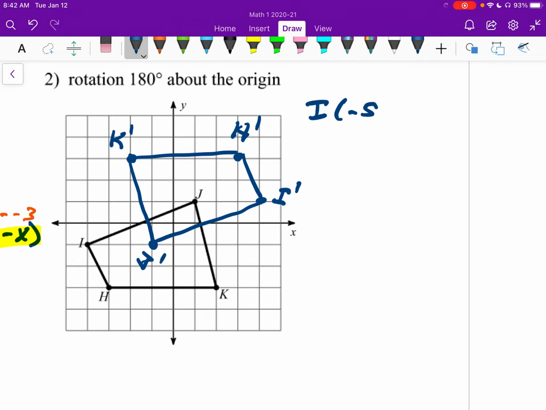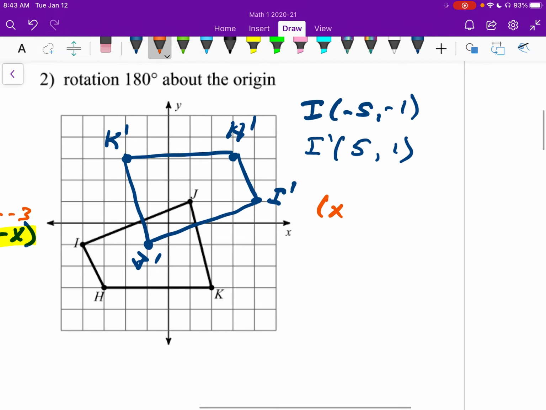I prime is at 5, 1. So what happened? We started off with our x, y, and it turned into -x, -y, right? They both just changed sign. So when we go 180 degrees, this is our formula.